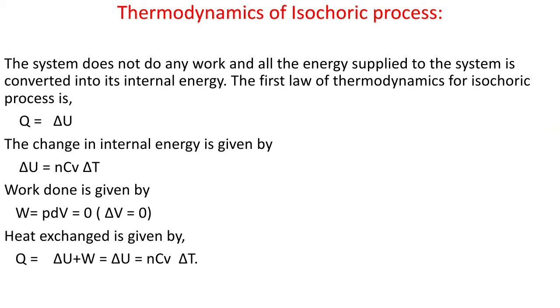For an isochoric process, we know that delta V is equal to 0. The system does not do any work, and all the energy supplied to the system is converted into its internal energy. According to the first law of thermodynamics, Q is equal to delta U, because here W is equal to 0.